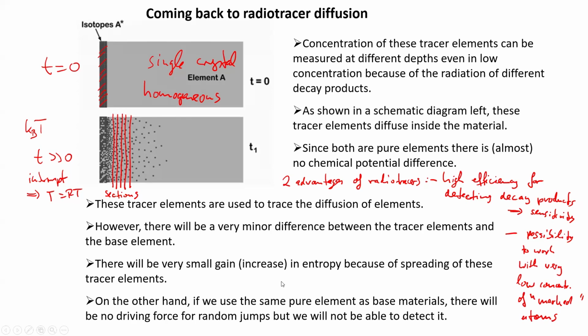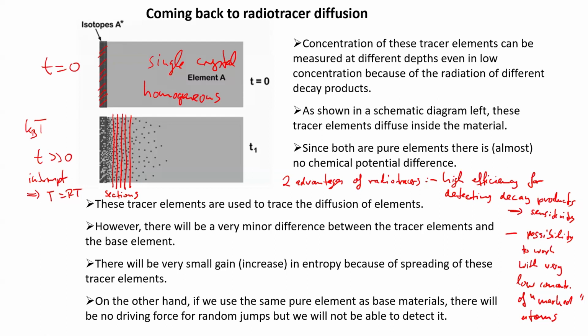Still, when we think about it conceptually, the atoms which we apply must be different. Otherwise, we have no way of detecting the diffusion. So even though they are the same element in terms of their electron configuration, the number of neutrons in the core will be different. And that means there will be a mixing entropy term.